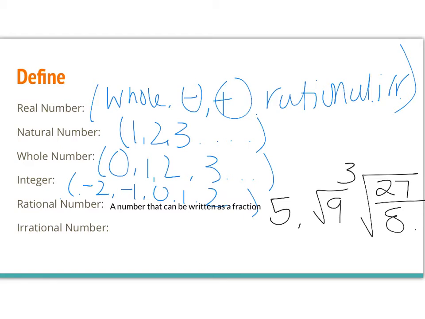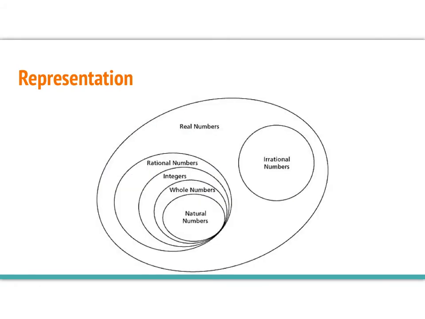An irrational number is a number that cannot be written as a fraction. Our irrational numbers also have a non-repeating, never-ending decimal. So to represent these, I've just pulled an image off of the internet.